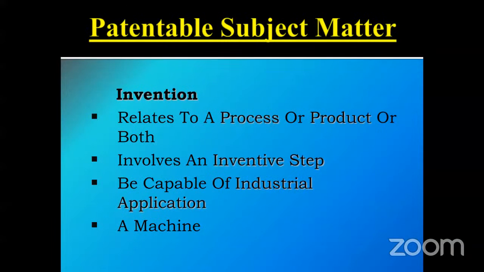So what is patentable subject matter? As I told you, the invention should meet the criteria of novelty. It should have industrial applications, right? Patentable subject matter relates to a process or product or both. So what can be patented? You can patent a product and you can also patent a process or methodology.